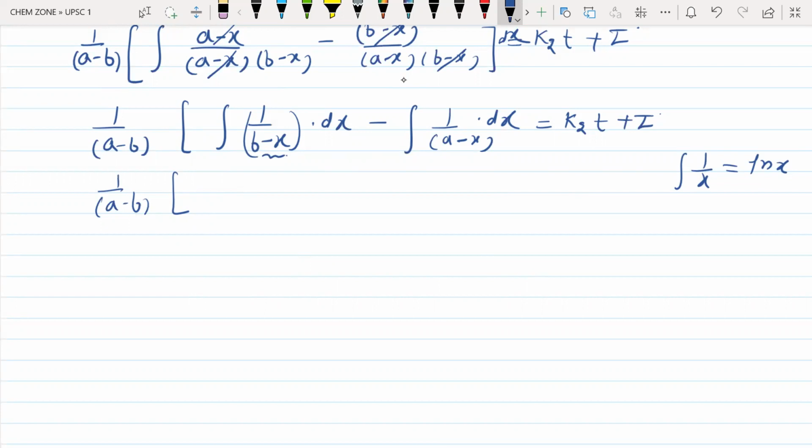So a negative sign must come there. So we can write as minus ln (b minus x) minus ln (a minus x).